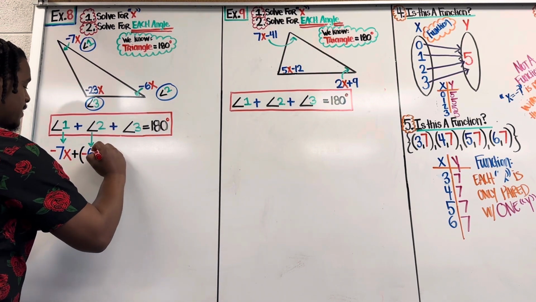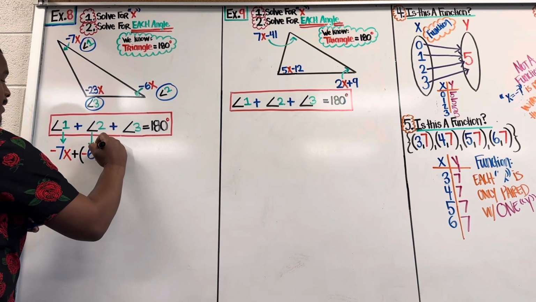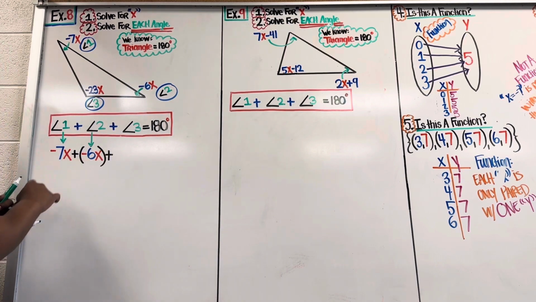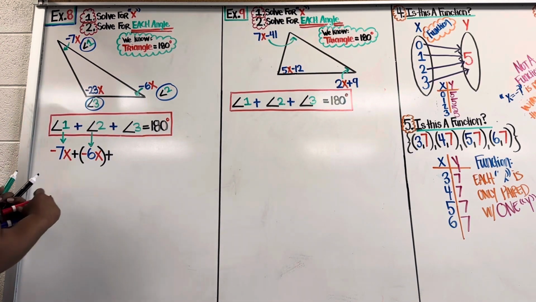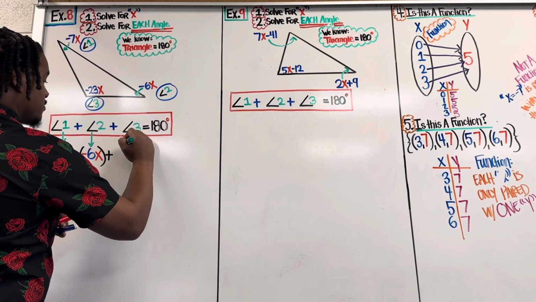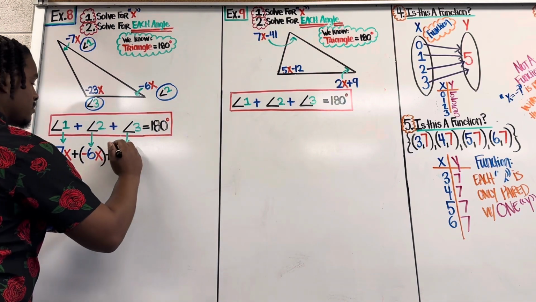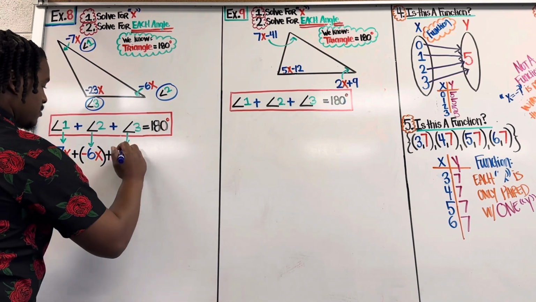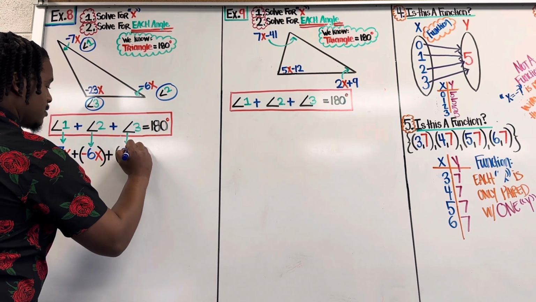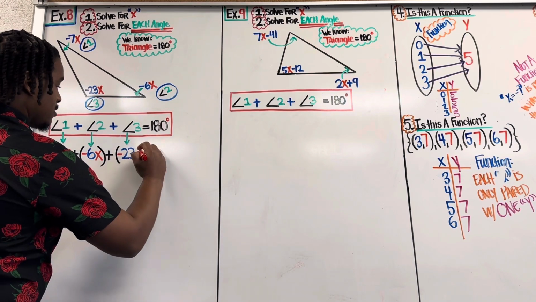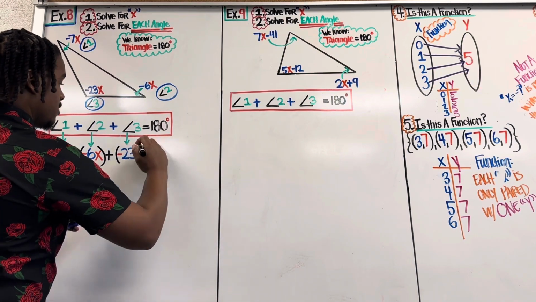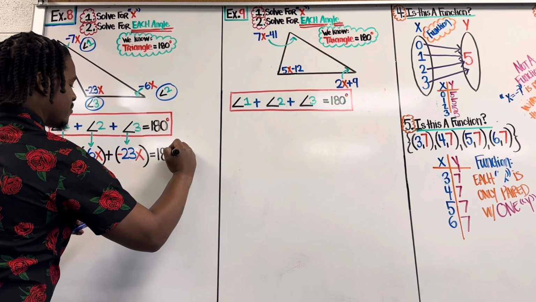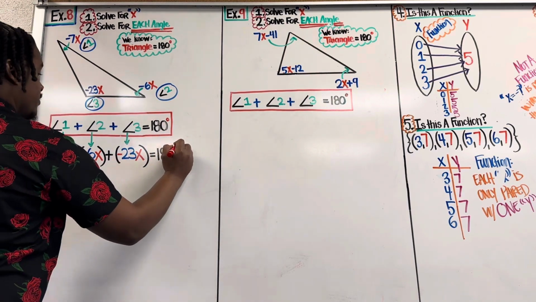Normally we would take it out of the parentheses, but I don't want to confuse anybody, so that's why I'm doing it like this. Plus angle 3, which is negative 23x, so plus a parentheses, negative 23x, equals 180 degrees.